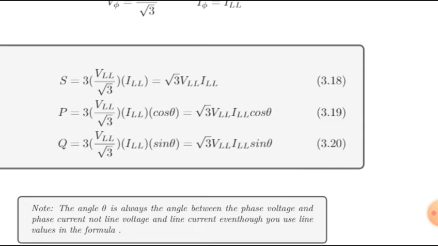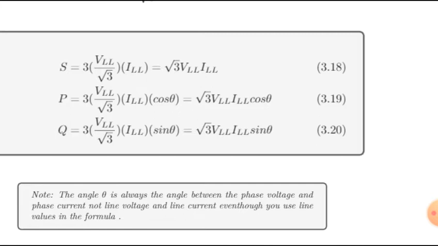It's not 30 minus theta or 30 plus theta. It should always be the angle of the impedance of the load, or the angle between the phase voltage and the phase current. Although our formula is in terms of line values, theta should always be the angle between the phase values. Remember that.